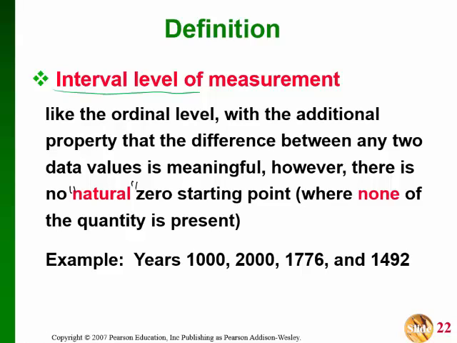And then if we go from the year 2000 to the year 3000, we know that there's another 1,000 years between them. So basically, if you can put them on a number line where the distances between them make sense as distances, then that would be called interval.